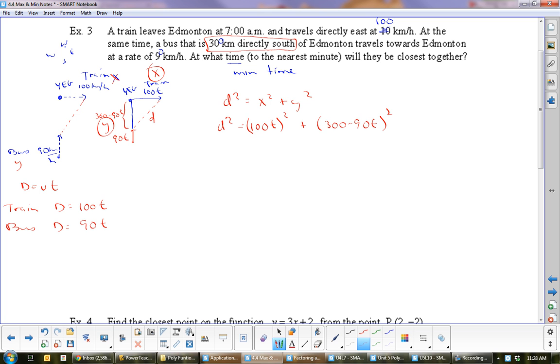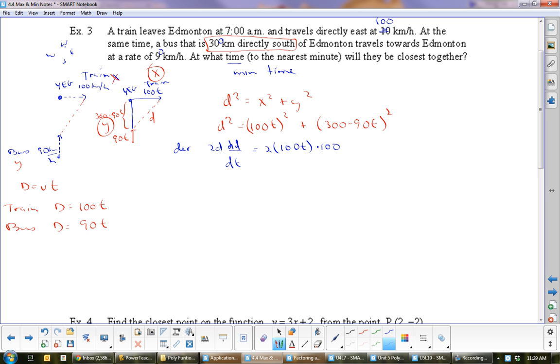you don't really want to have to square 300 minus 90t, so let's go right to finding the derivative. That would be 2d times dd over dt equals 2 times 100t times 100.